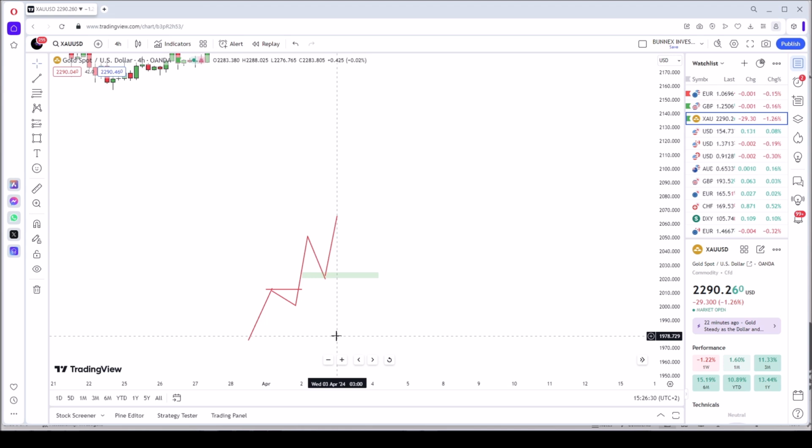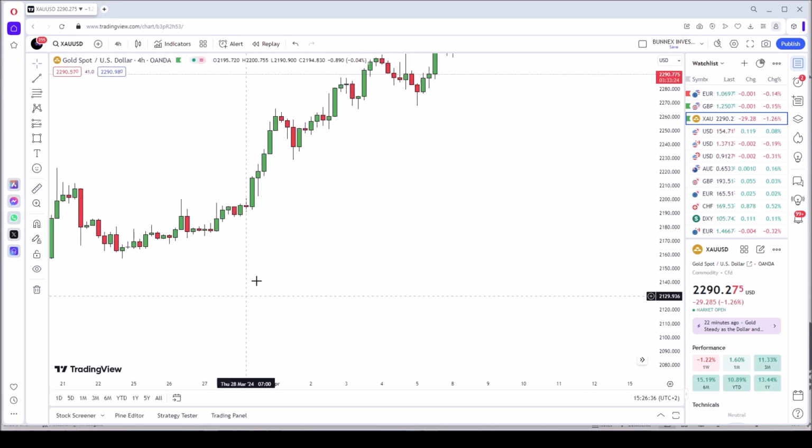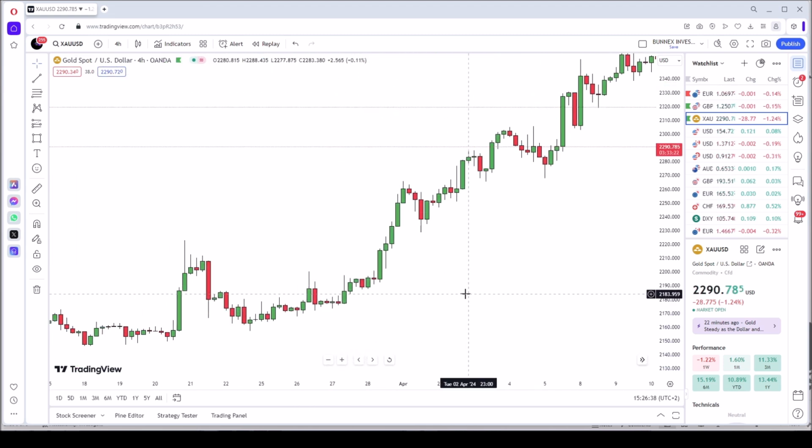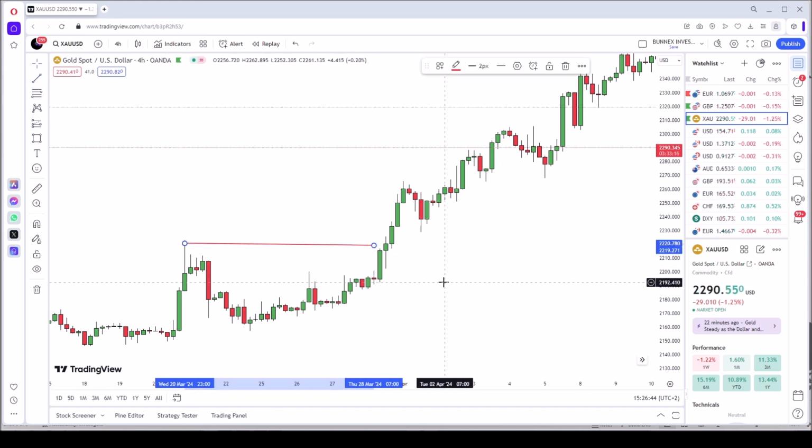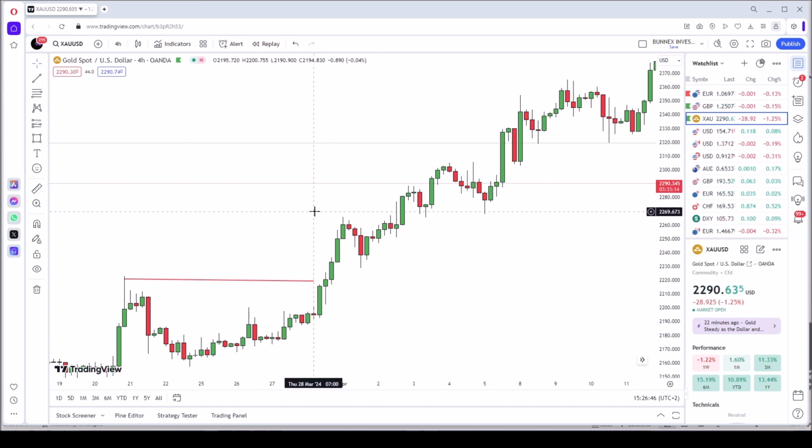So basically, this is how we are going to illustrate it on the charts so that we can apply it. On the charts, the first thing in this particular case is gold made this high. After making that high, it broke structure.